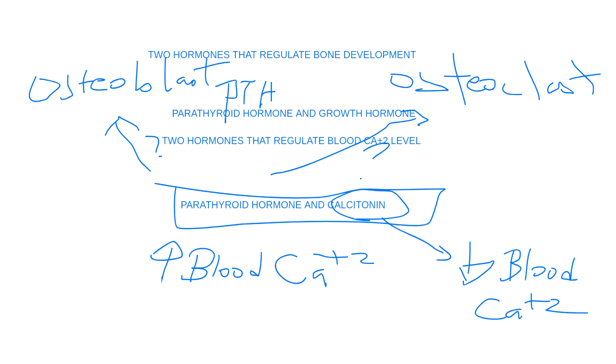I don't think we need to focus on that now, but you will later look at the urinary system. One of the ways calcitonin works on the kidney is that it stimulates the kidney to get rid of calcium, so that your blood calcium goes down. On the other hand, PTH will stimulate the kidney to take back the calcium, and the hope is to bring up the blood calcium.